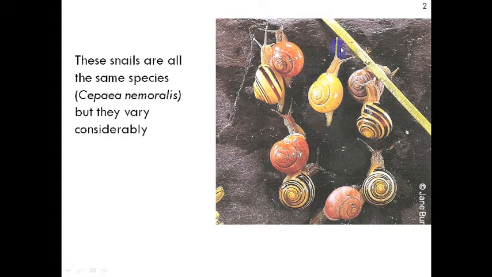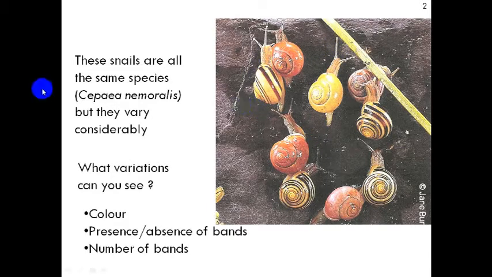So this is what we call variation. The variations are the color, the presence or absence of bands circling their shells, and also the number of bands. Some have many bands, some have a few compared to the others, and some have none.